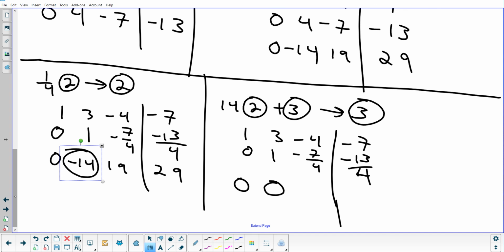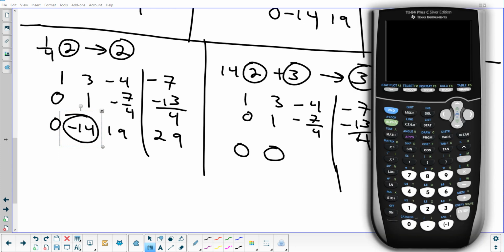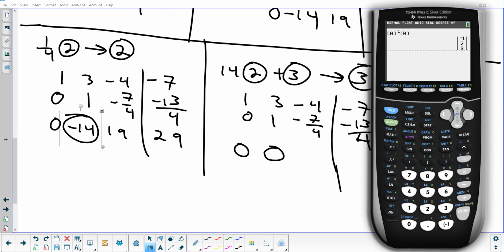Negative 7/4 times 14. Gonna need a calculator for that. Is that what it comes out to? I think so, yeah. Yep. You said 49/4. Let me check it again.